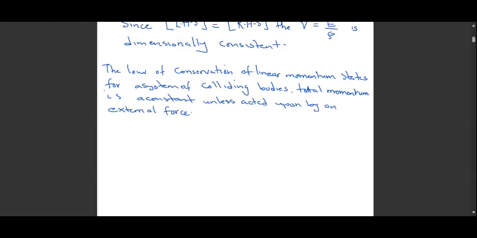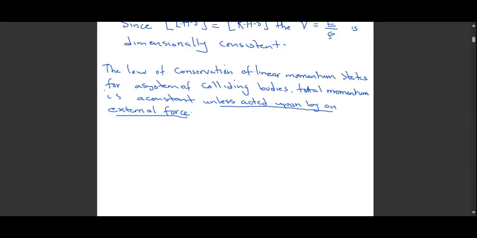Or you can say, for a system of colliding bodies, total momentum before collision is equal to total momentum after collision unless acted upon by an external force. Now, this must be captured as you're stating the principle or the law, unless acted upon by an external force.